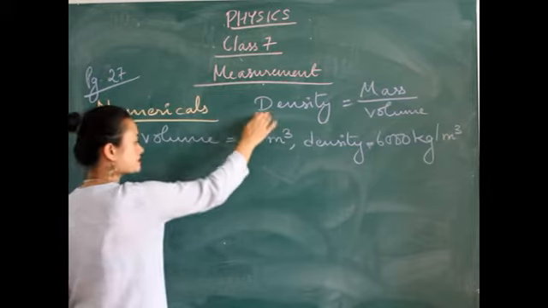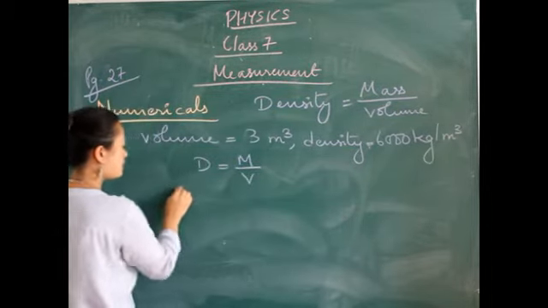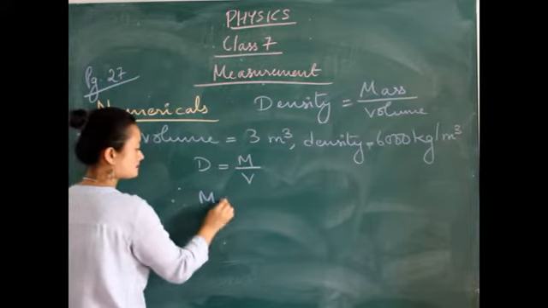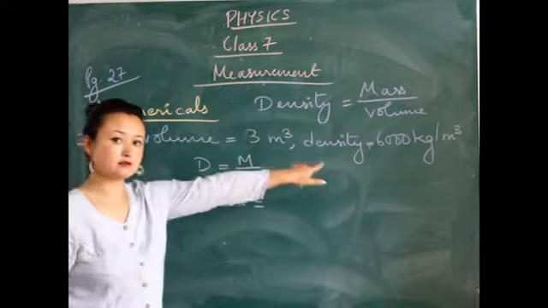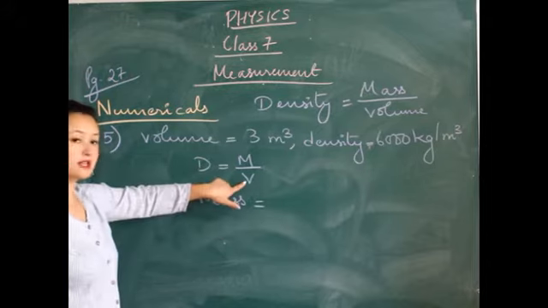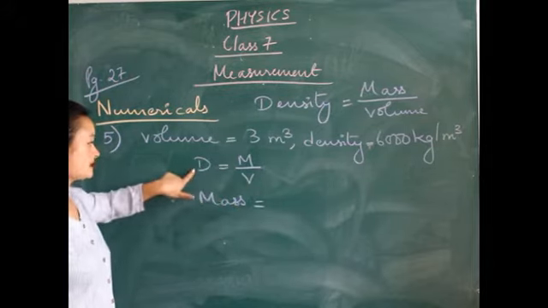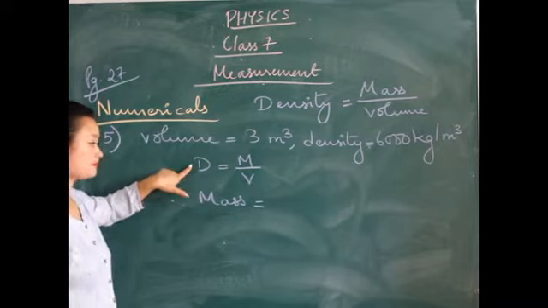So we'll use this relationship: density is mass by volume. If you have to calculate mass, you need to take volume to this side.